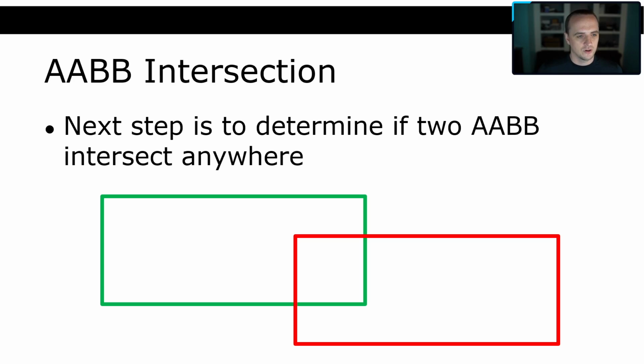So maybe if I can test all the points of one rectangle to be inside the other rectangle, then that's how I could test to see if two rectangles overlap. But that's not the answer. That's actually still too complicated. We can do it better than that.